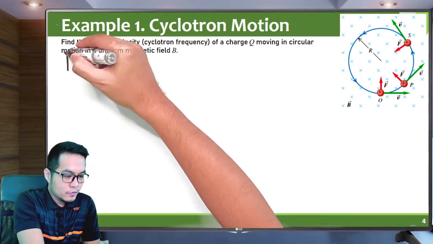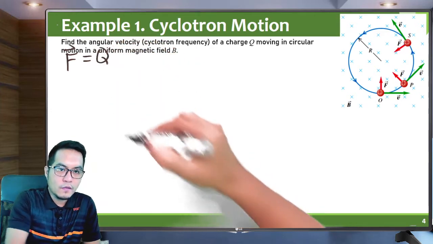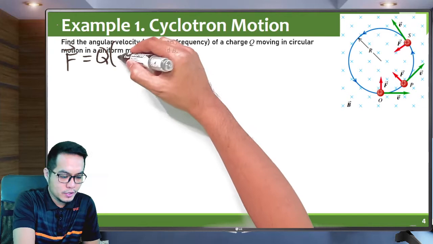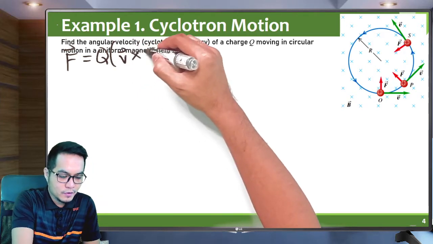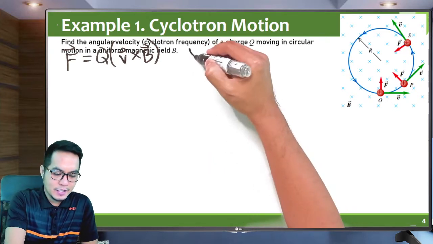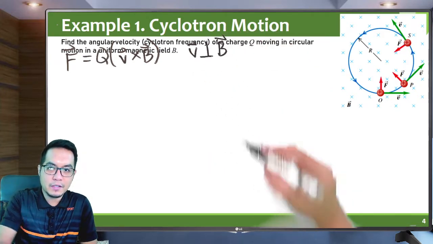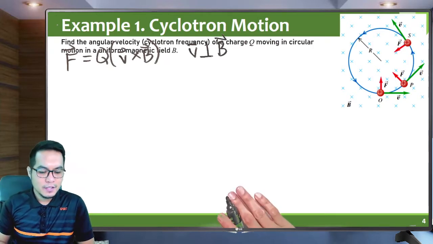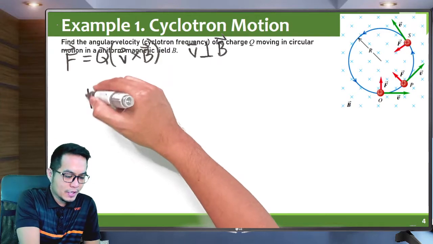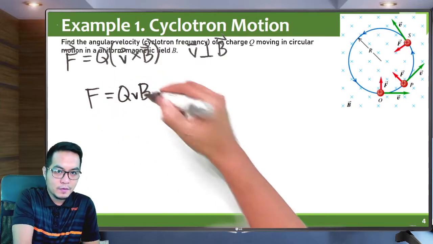So we know that the magnetic force on this charge is q, the charge, and then v cross B. And since in this case, the velocity vector is perpendicular to the magnetic field vector, then the magnitude will just be qvB.